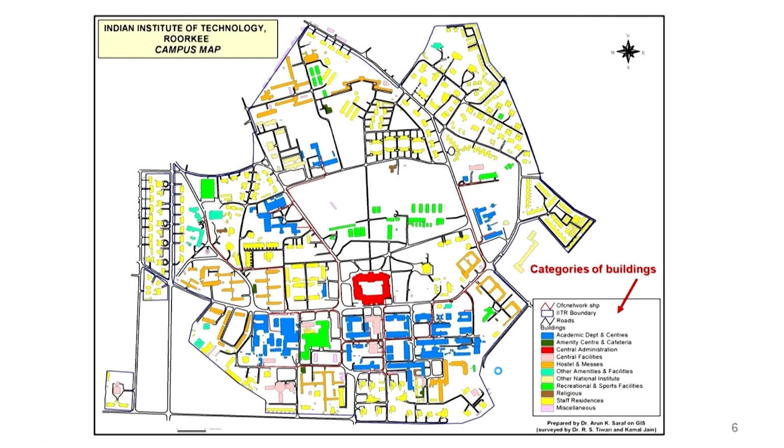I am taking an example of a little older IITR map, and these are the buildings which are being used for different purposes. These have been categorized as academic building, amenities, central administration, central facility, hostels, and different colors and categories are given.